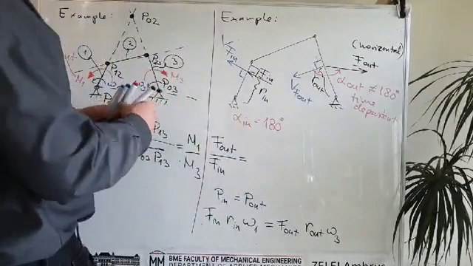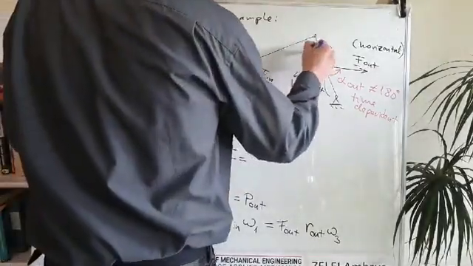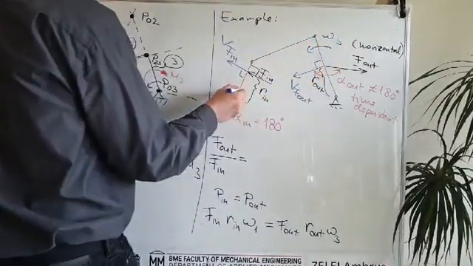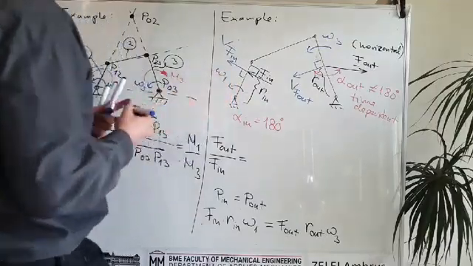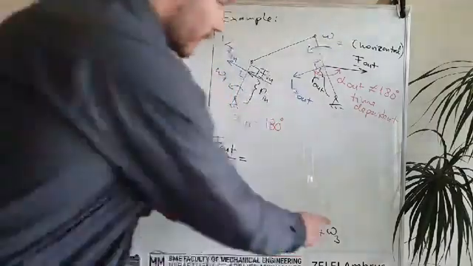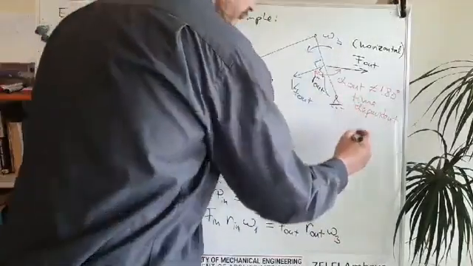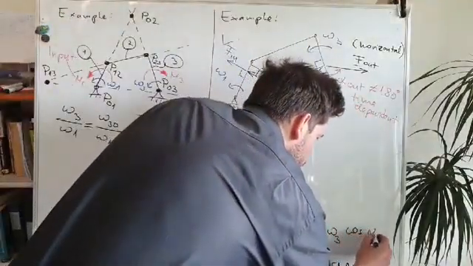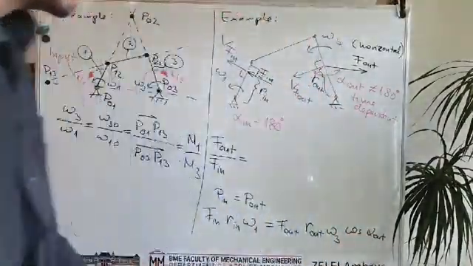Okay, we should also show it. This is omega 3 and this is omega 1. And here we also have this cosine alpha out. Okay, so this is what we have.